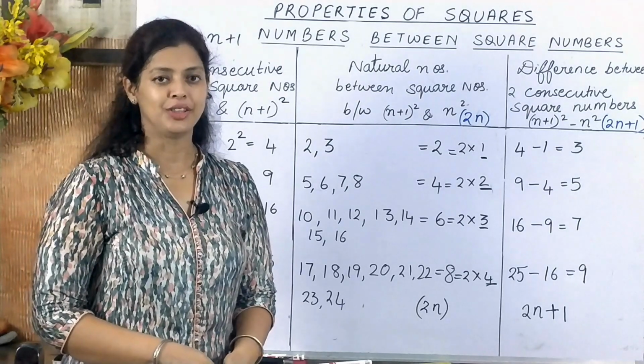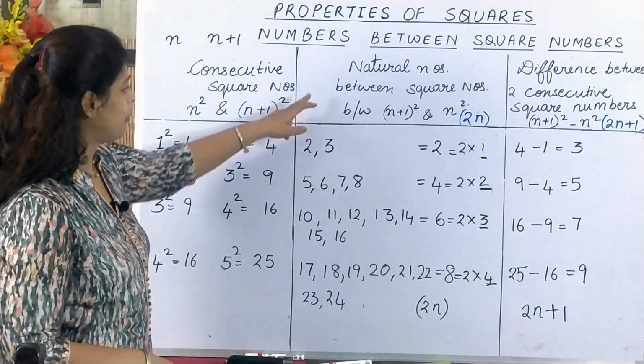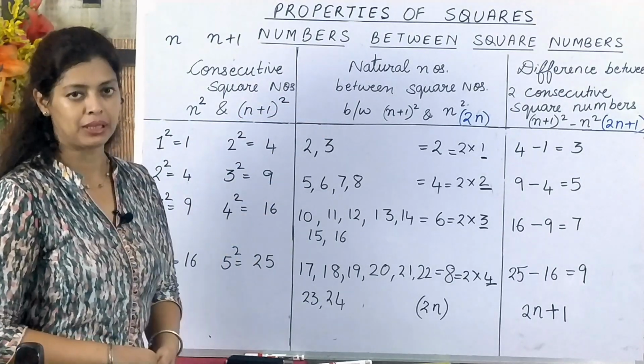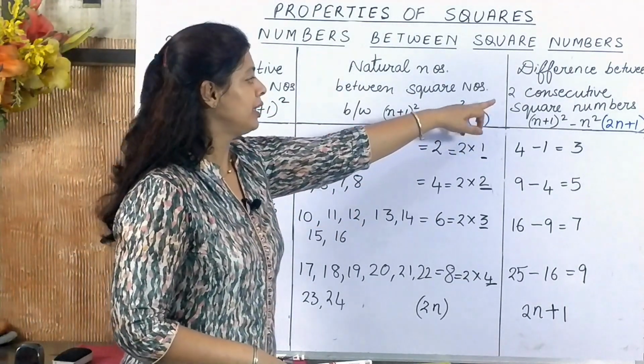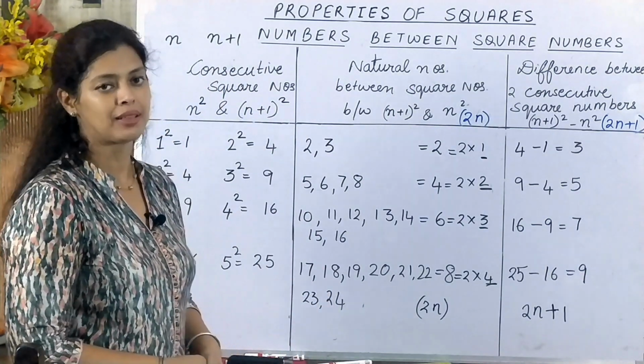So in general, we can say that the number of non-perfect square numbers or natural numbers between square numbers is 2n, and the difference between two consecutive square numbers is 2n plus 1.